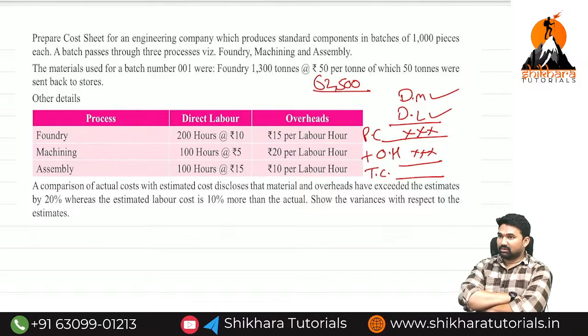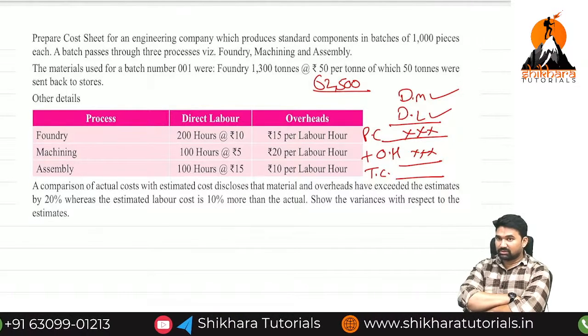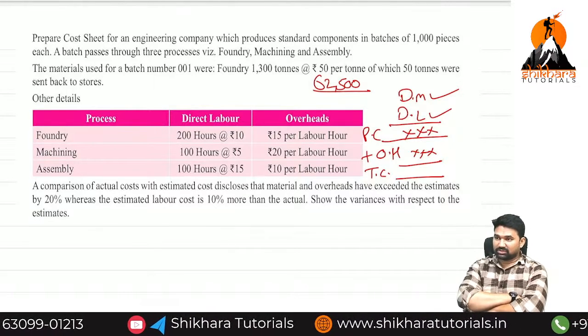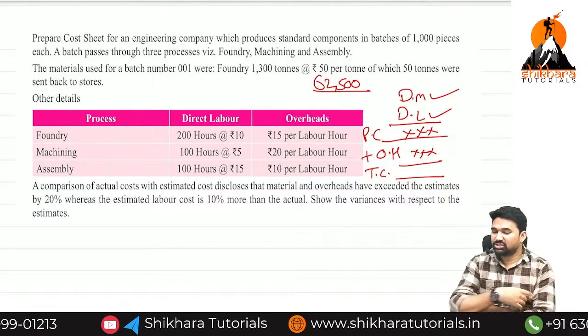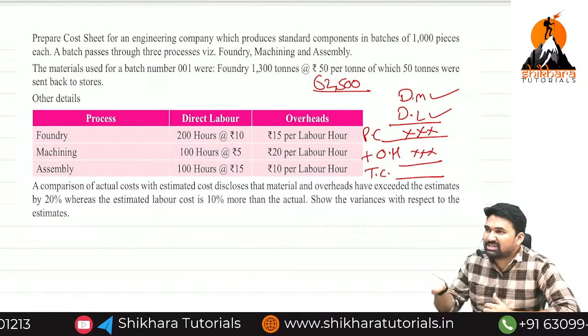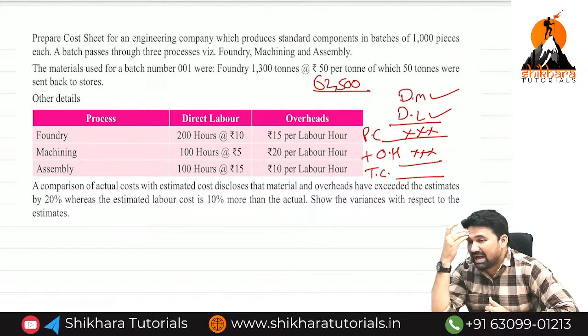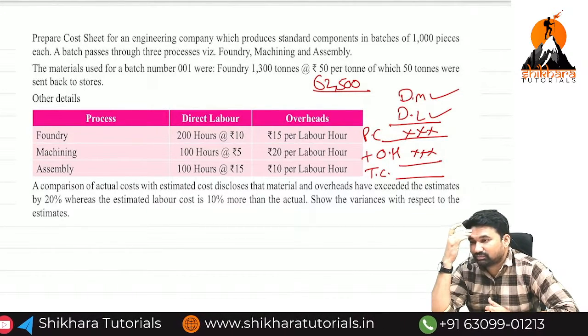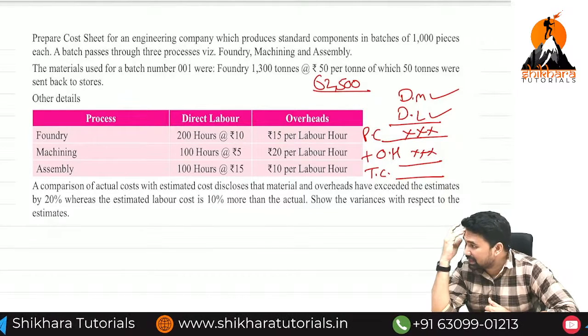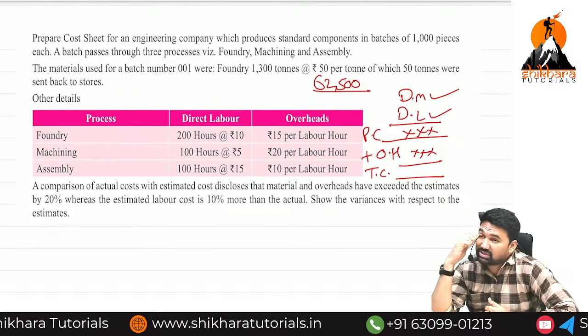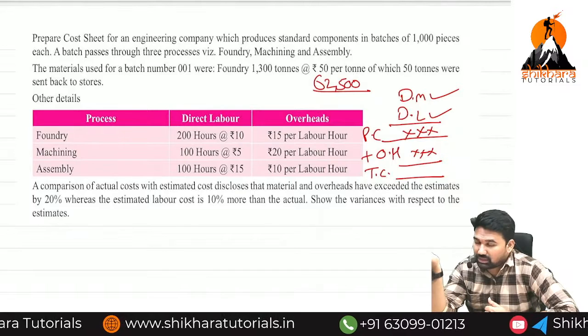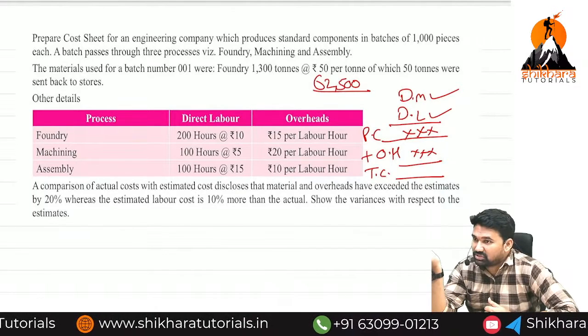What is meant by favorable situation? It is a profitable situation. Adverse situation, your costs are increasing. Adverse means negative. So adverse situations are to be avoided. Favorable situations are to be created.